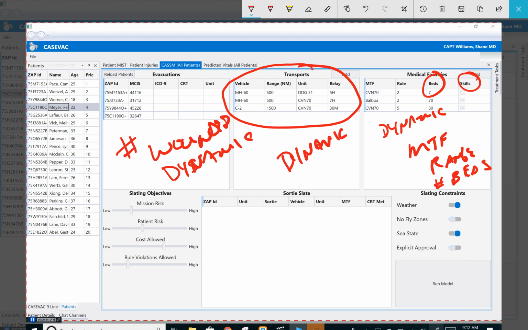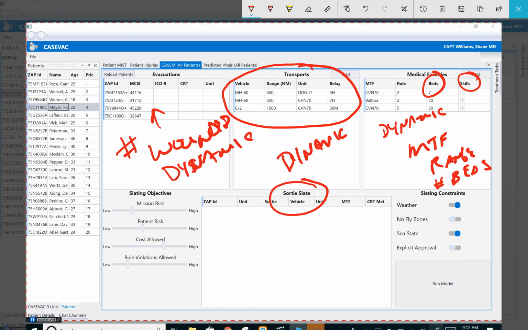So the problem is, if you have a rapidly changing state of wounded people and the number of wounded, and you have a dynamic geographic place and skills and beds available for medical treatment facility, and you have a dynamic number of transports you can use to get people off the battlefield or off the injury site, this problem can be so complex, if the number of wounded increases enough, that it's almost impossible for a human to make the most optimal mapping, or what we call a slate.